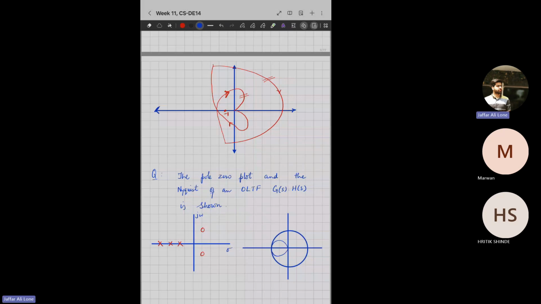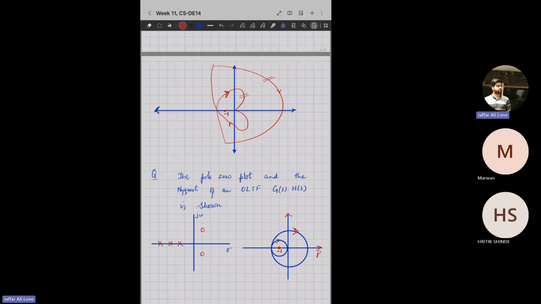Okay, so this is your Nyquist plot, and I'll just mark the direction of the arrow. And this is -1.